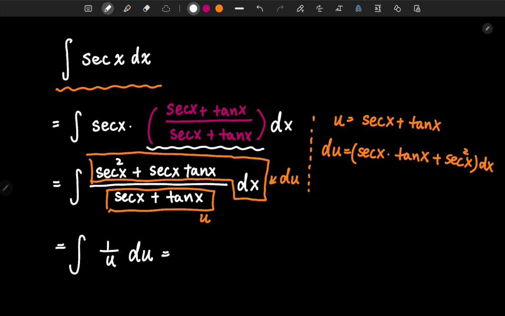We know the integral of 1 over u du is going to be ln of u, plus c, a constant.